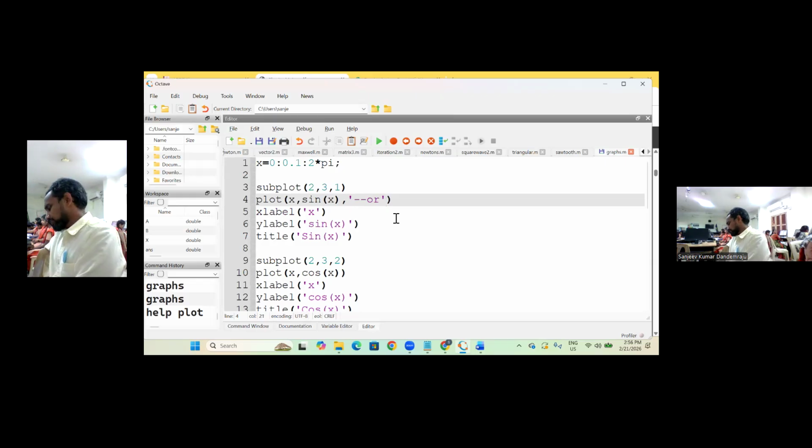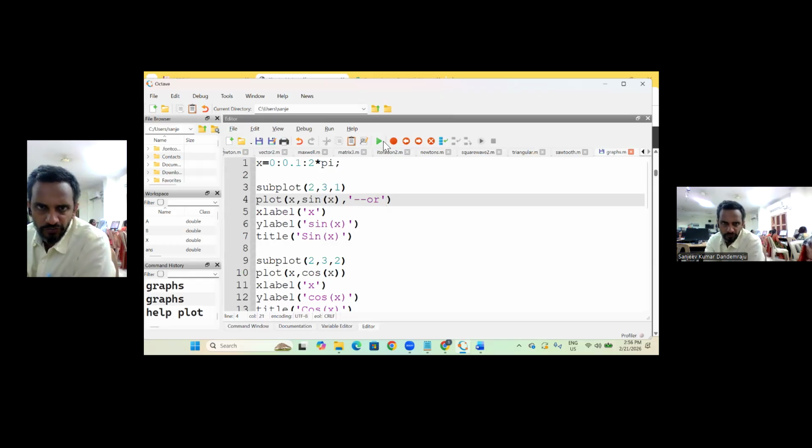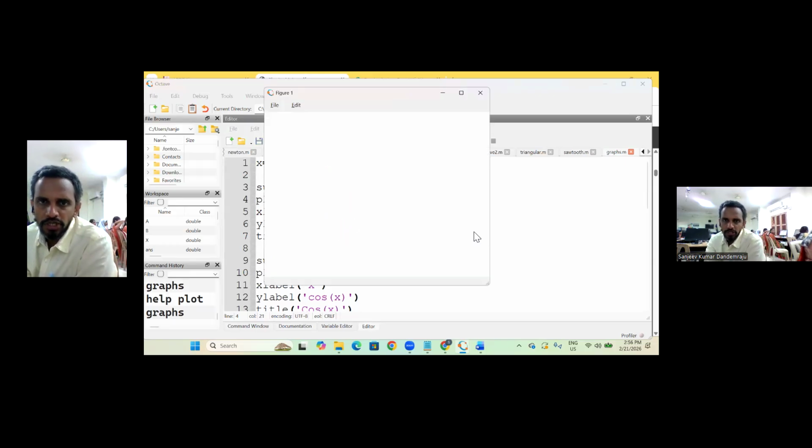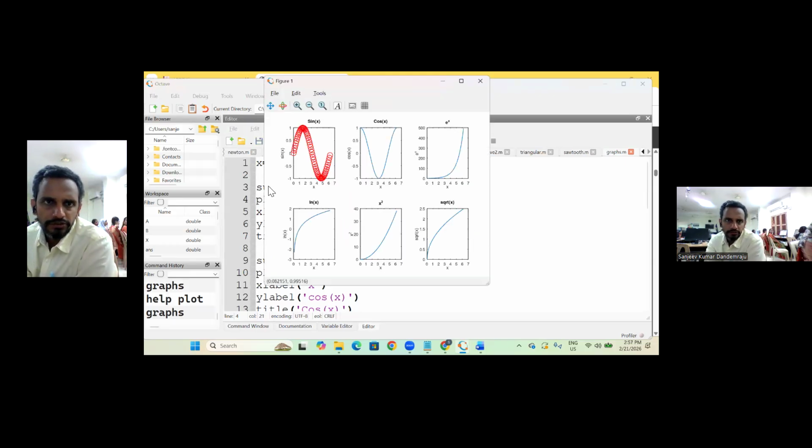That is the format specification for the curve. Double dash gives a dash line, O gives circles for each dot, and R is red color. So that's how it plotted the curve.